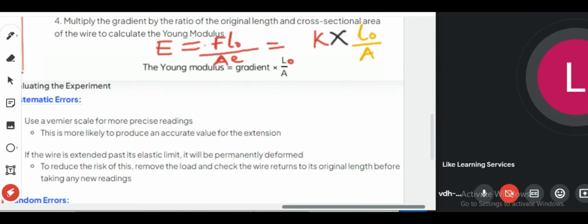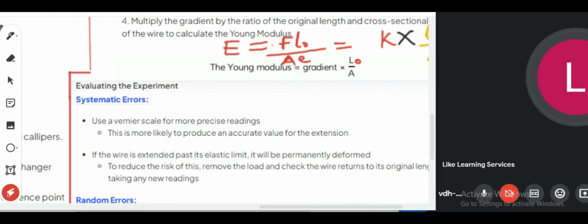In carrying out this experiment, there are certain systematic errors we need to avoid.